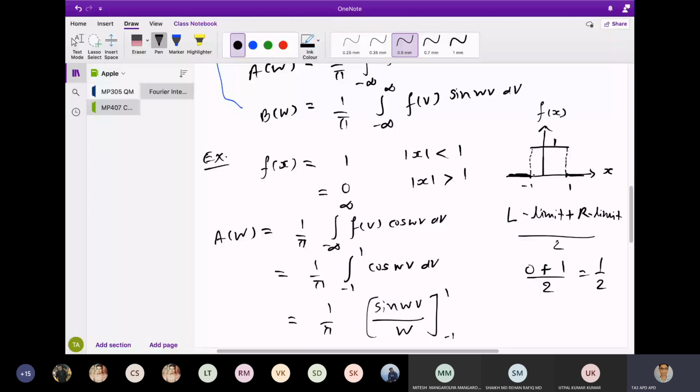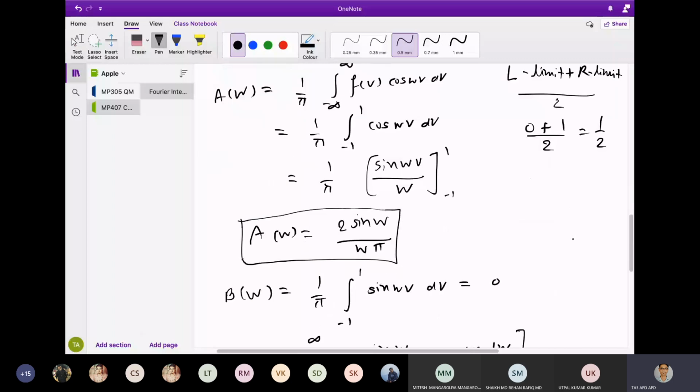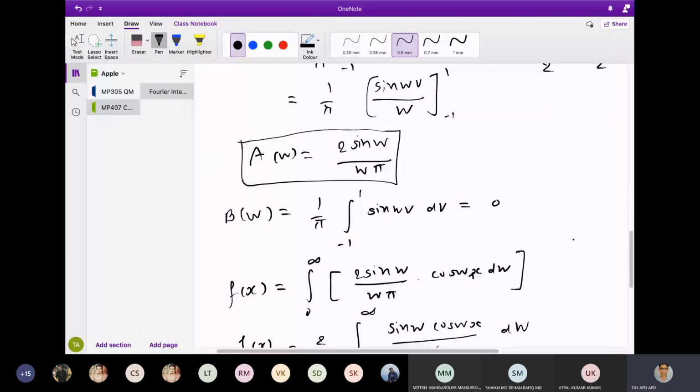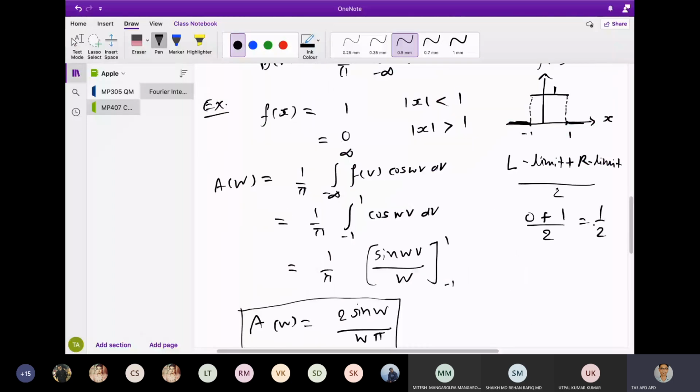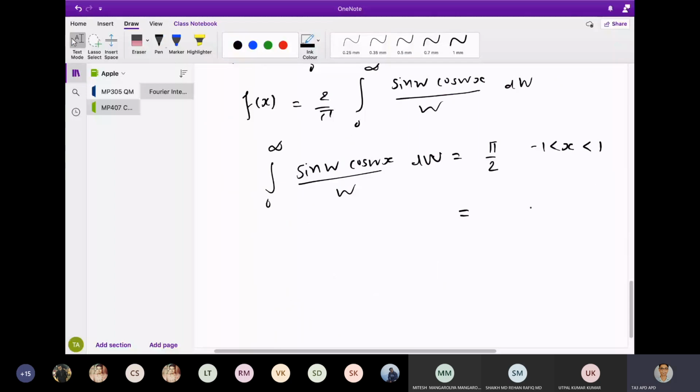So at x equal to 1, the value of the function will be equal to 1 by 2. If you substitute f of x equal to 1 by 2 here, then this is going to be equal to pi by 4.